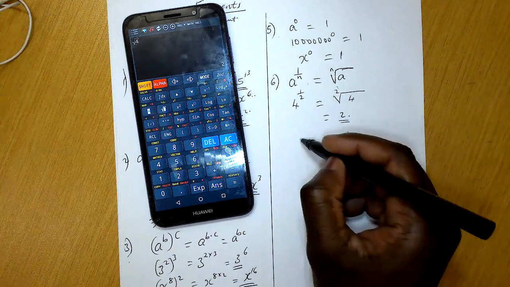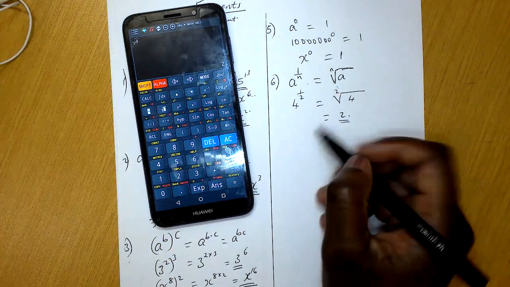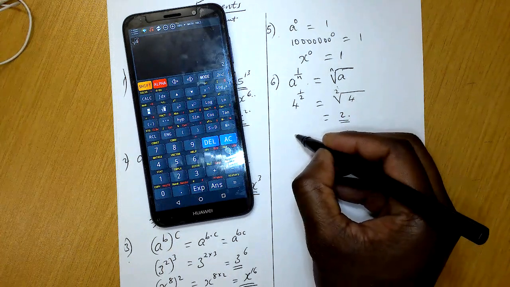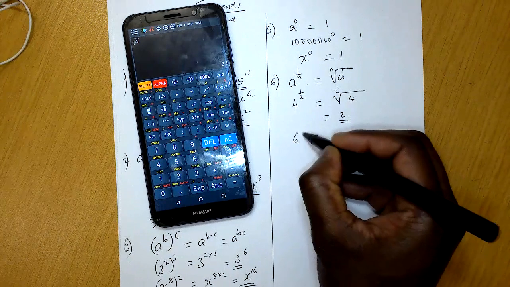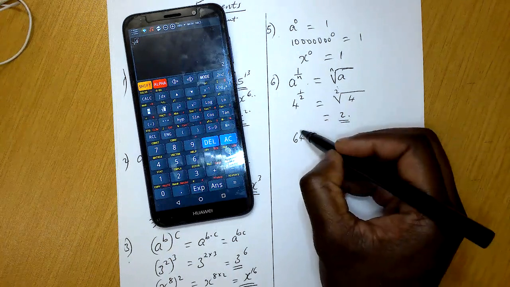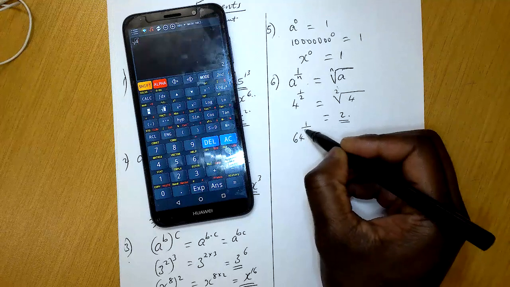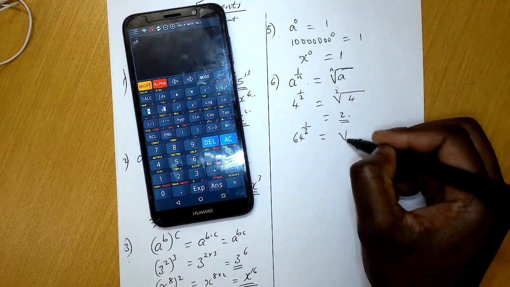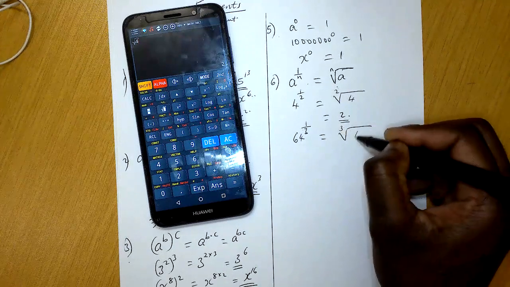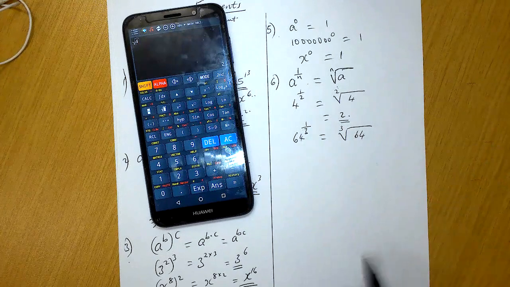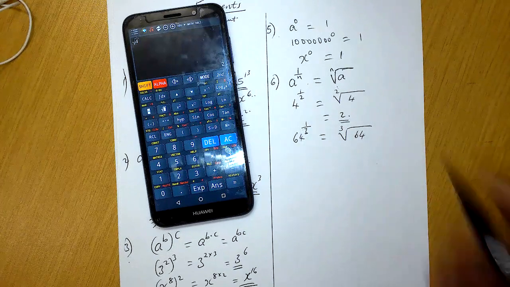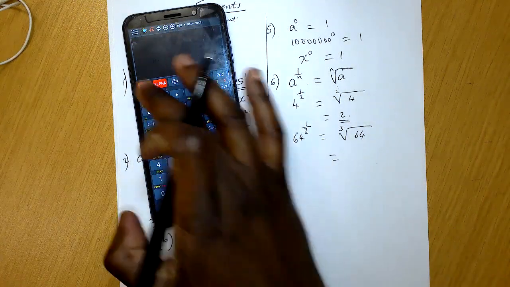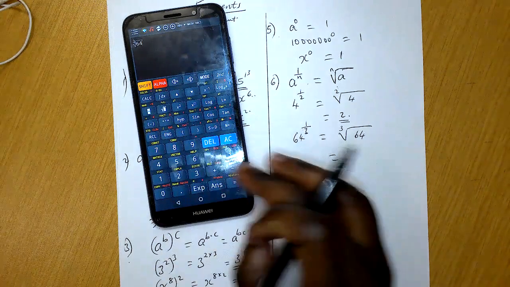Then let's say it's 64 to the power of 1 over 3. This means that it's the cube root of 64. Simple like that. And the cube root of 64 is 4.